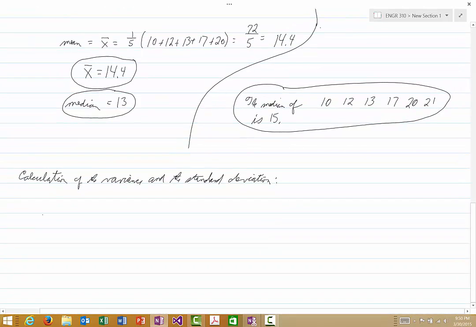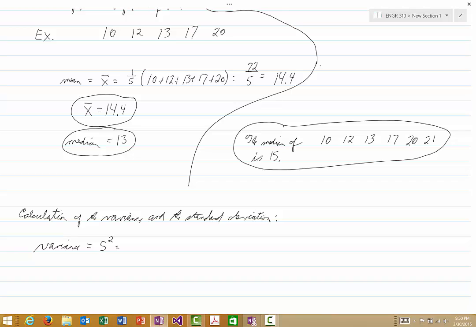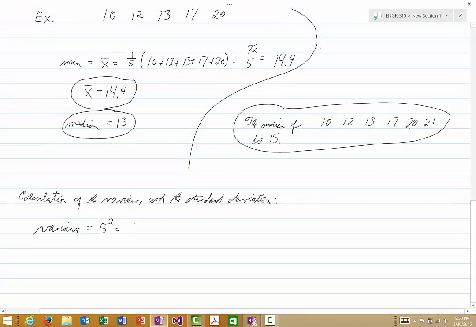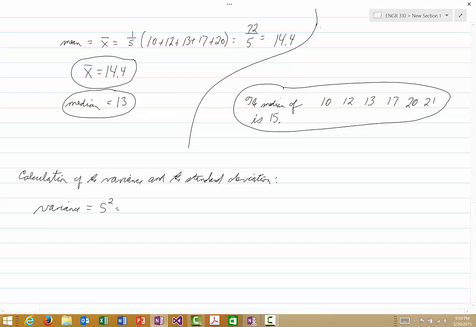Now the variance is given the symbol s squared, and it is equal to 1 over n minus 1, where now n is the number of data values that you have. So here we have 5 data values, and so 1 over n minus 1 would be 1 over 4.